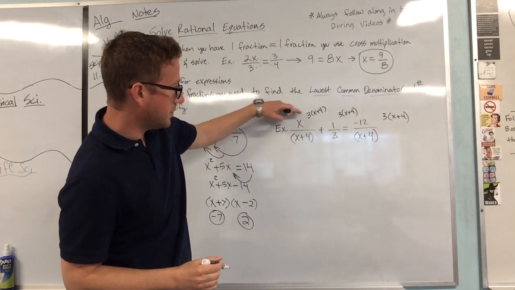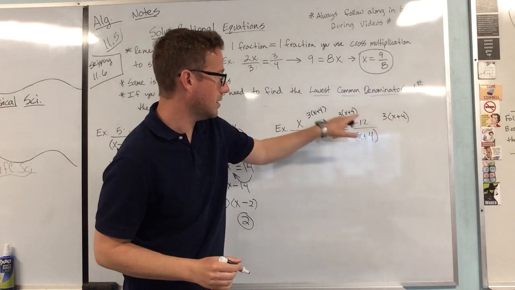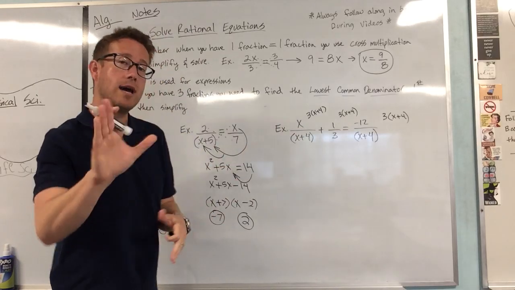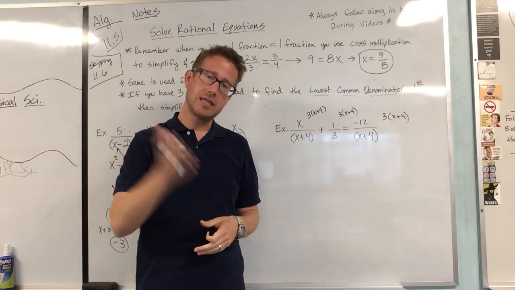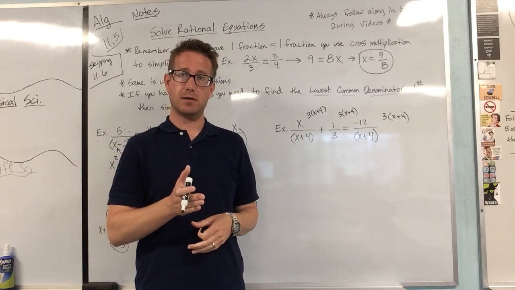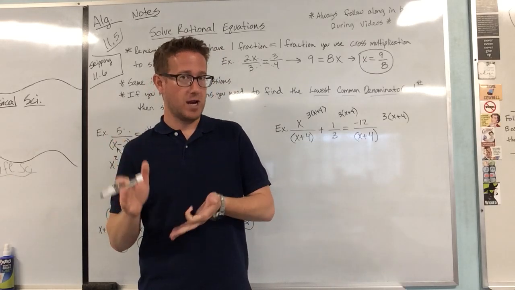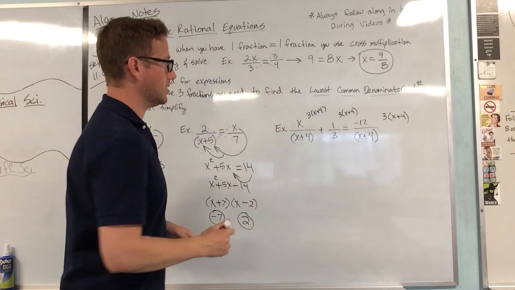All right, so I have 3 common denominators multiplying all 3 fractions. Okay, now why am I doing that? That's the key thing. Why? To eliminate the denominator. Essentially, eliminating a fraction.